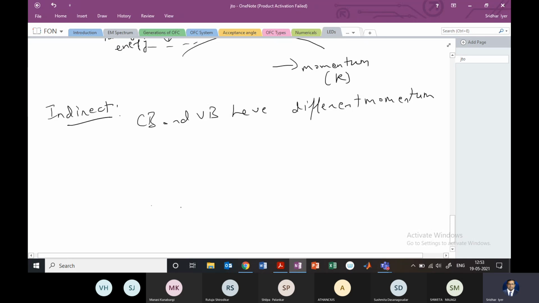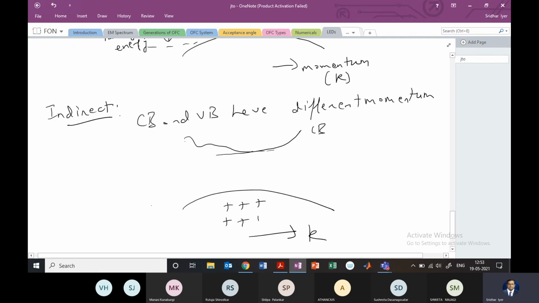So the diagram looks like this in this case. So you have the holes, and this is the momentum K. So I'm just going to write K here. This is the conduction band, and here we start dealing with a new type of material which is known as phonons.